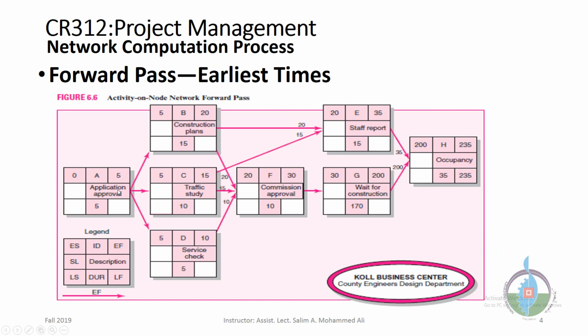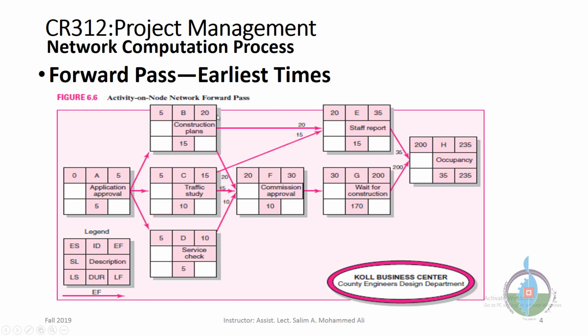Activity F has an early start of 20. Why? Because let us see which activities flow to F. Activity B has an early finish of 20. Activity C has an early finish of 15. Activity D has an early finish of 10.